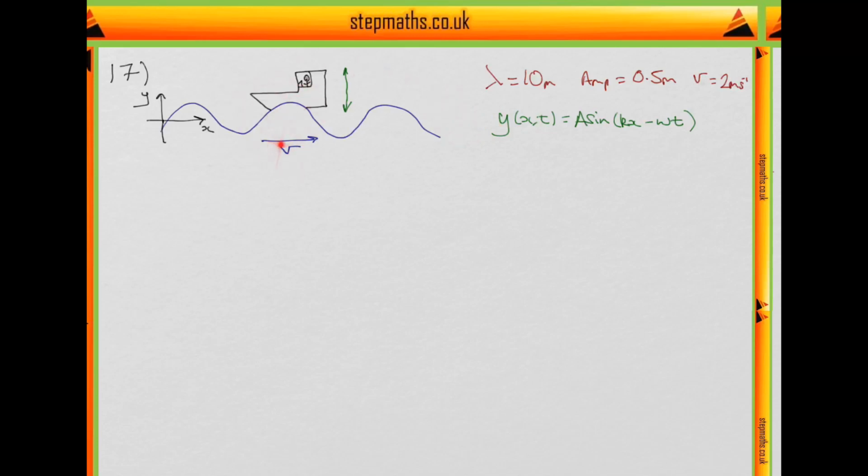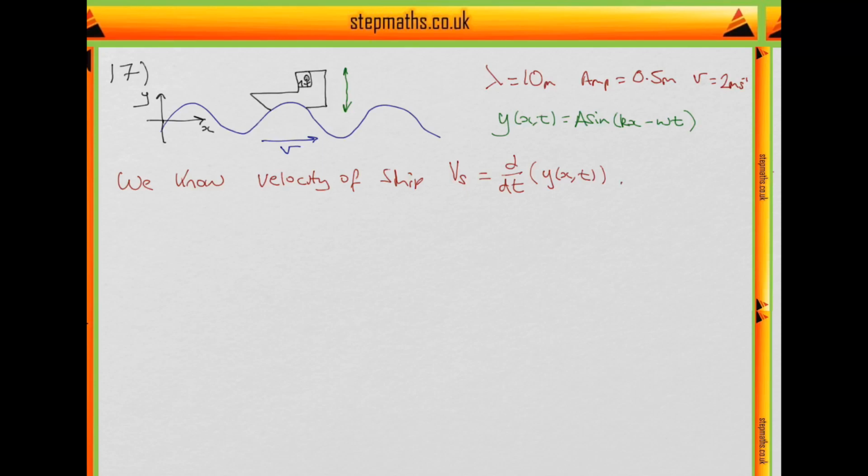So we're trying to find the maximum velocity that this ship moves. And we know that velocity is the derivative of displacement. So we'll say velocity of ship, and we'll call that v sub s, is the time derivative of the displacement, which in this case is y of x and t.